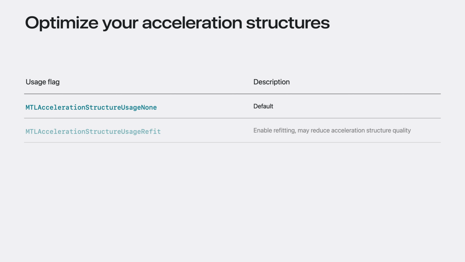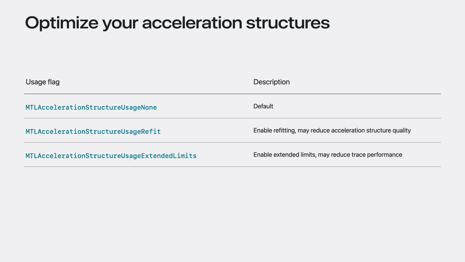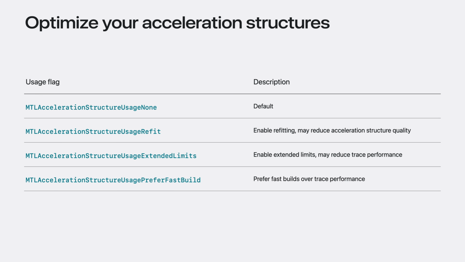Once you are up and running, Metal 4 also gives you the ability to optimize how Metal builds your acceleration structures. Metal already provides you a lot of control over acceleration structure builds. Besides the default behavior, you can optimize for refit, enable larger scenes, or build the acceleration structure more quickly.